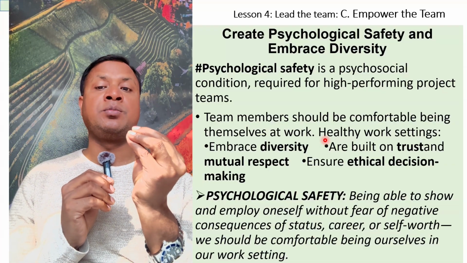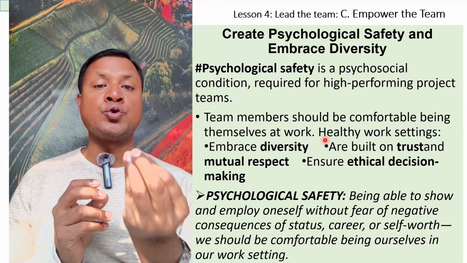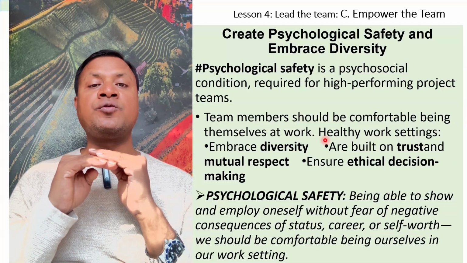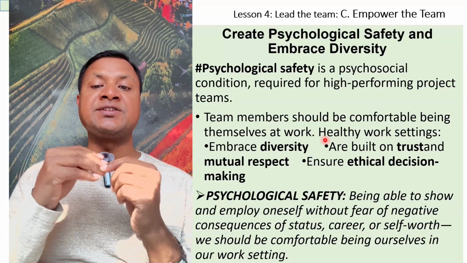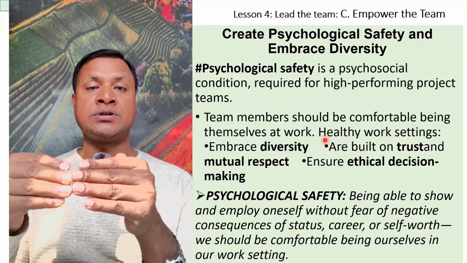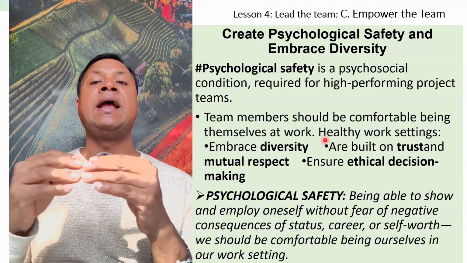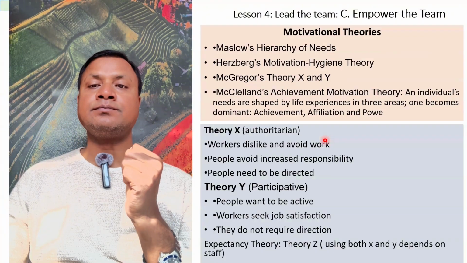Ensure ethical decision making. Psychological safety is being able to show and enjoy oneself without fear, without any negative consequences. They can share their views, they can involve themselves, they can be part of the process of decision making and implementation, and that actually helps to be more fruitful.